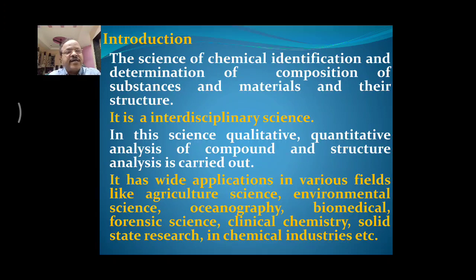It is the science of chemical identification. We are identifying which chemicals, elements, constituents and substances are present in the given analyte. After identification, we have to determine to what extent these constituents are there, and what is the composition of the analyte, and in the end we can identify the structures of these constituents or the nature of the elements present in the analyte.